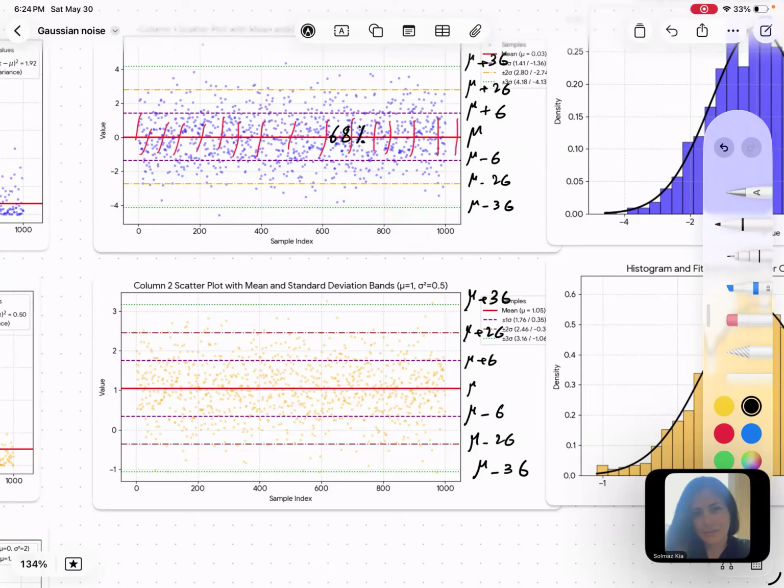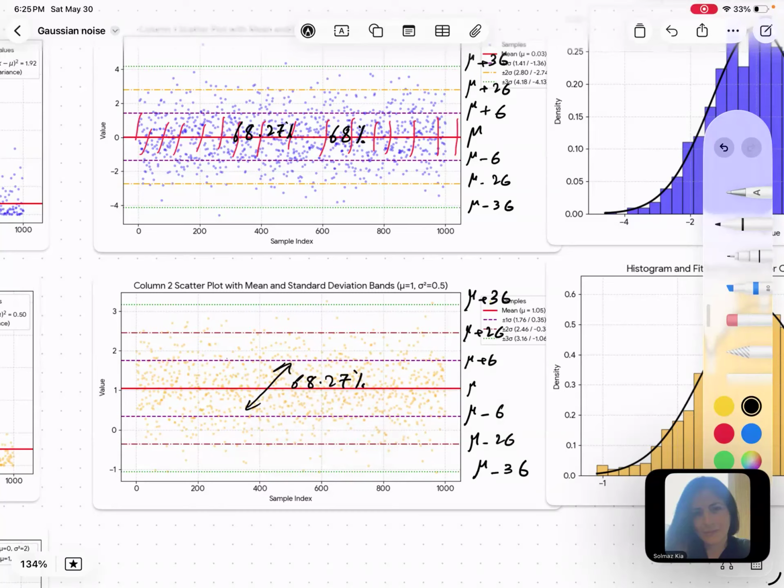So the more exact value is 68.27%. And as you can see, the majority of your measurements are ending up in the mu minus sigma, mu plus sigma error bound. So in this bound, you have 68.27% of your measurements. So the majority falls in this range.